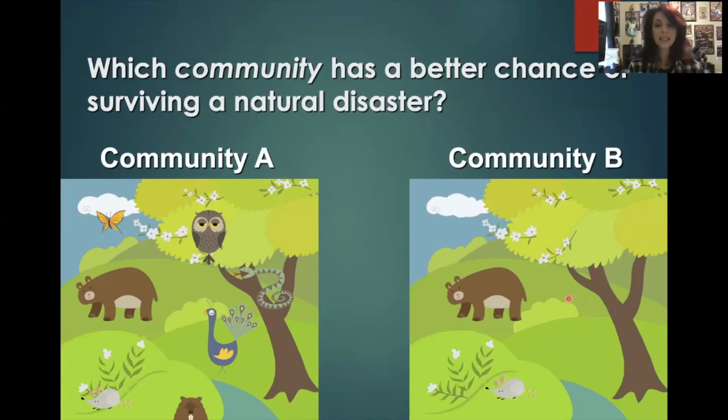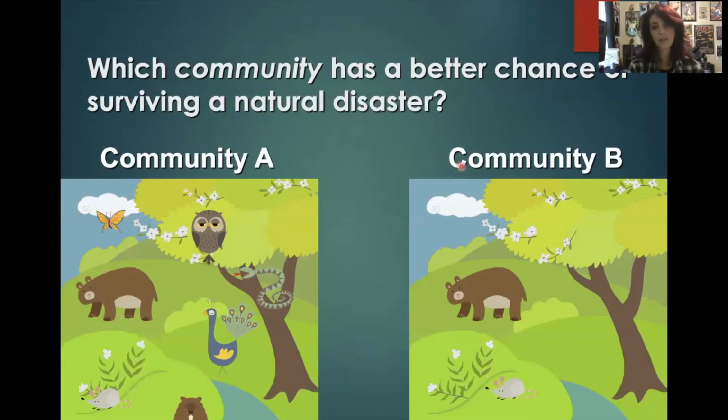The idea is that the more different life forms you have, the more robust or resilient the community is because there's more variation. So community A, we have a butterfly, a bear, a rodent, a beaver, a peacock, a snake, and an owl, as well as some grasses and bushes and trees. Community A seems to have a pretty high amount of species richness.